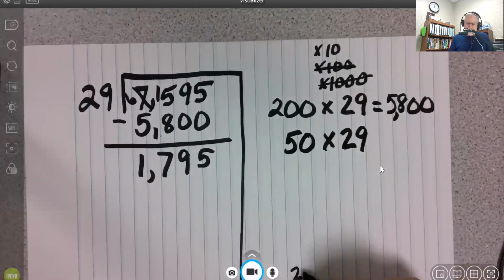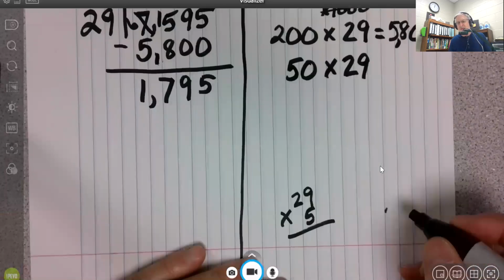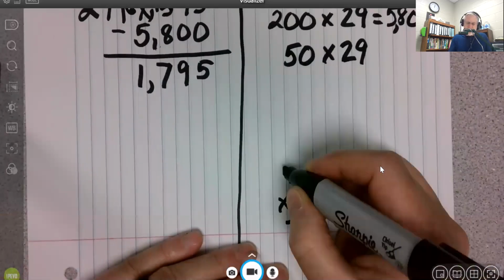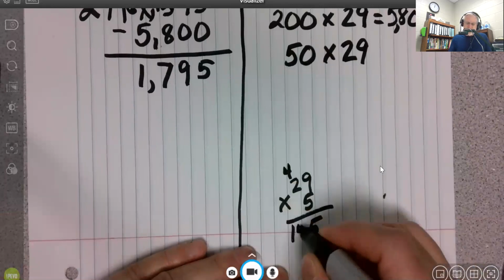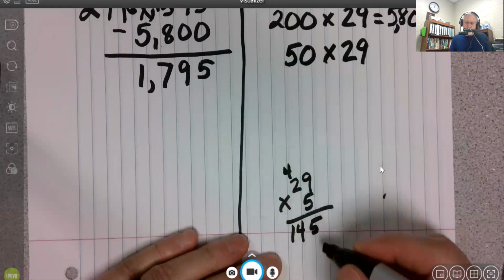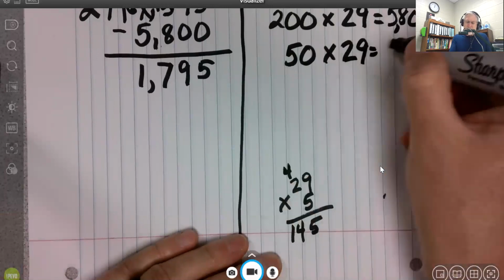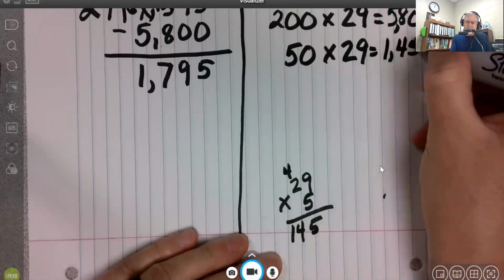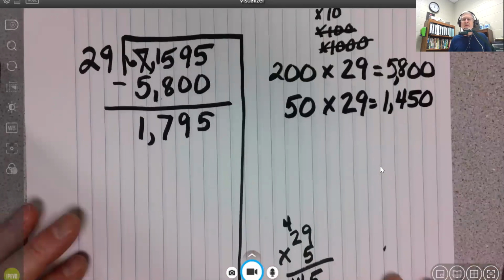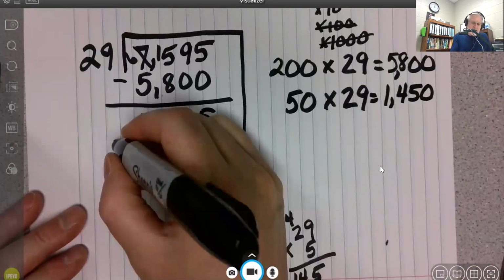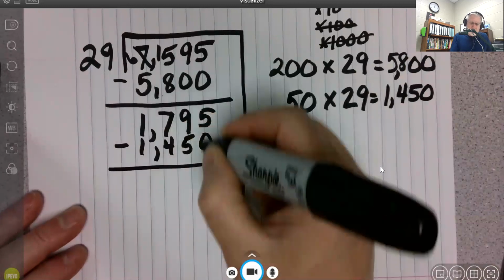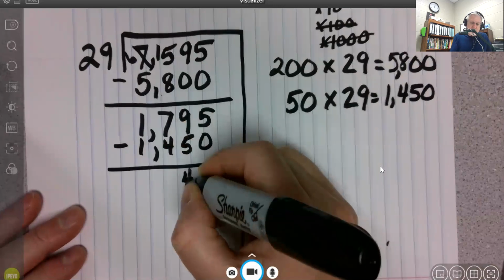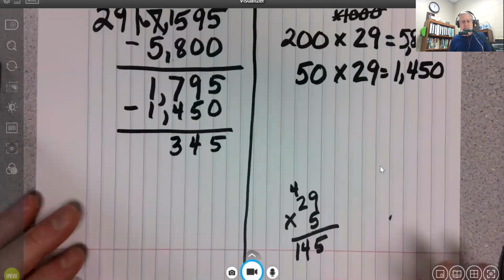So down here, I'm going to multiply 29 times 5. 5 times 9 is 45, that will give me a 5, regroup my 4. 5 times 2 is 10, add my 4 is 14, so 145. And then I would add my 0. So that would give me 1,450. And I can subtract that. And I'm left with 345 left over.